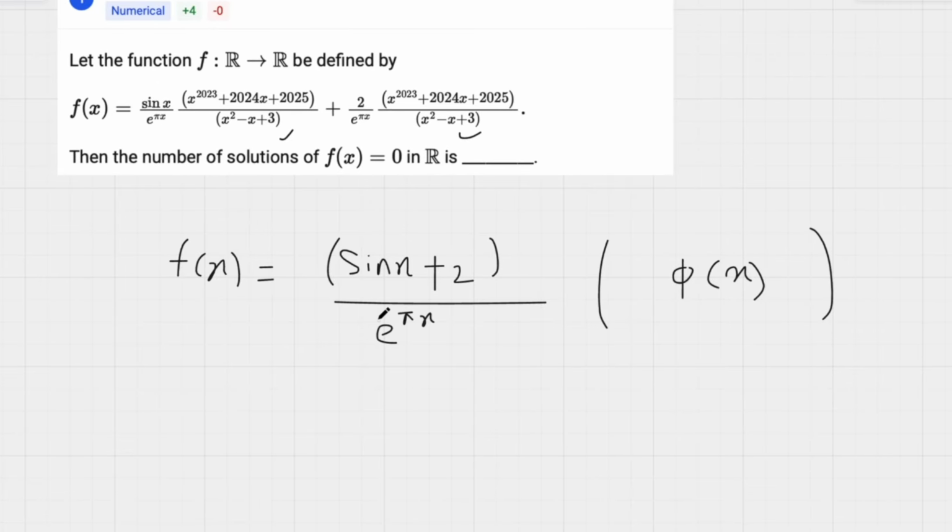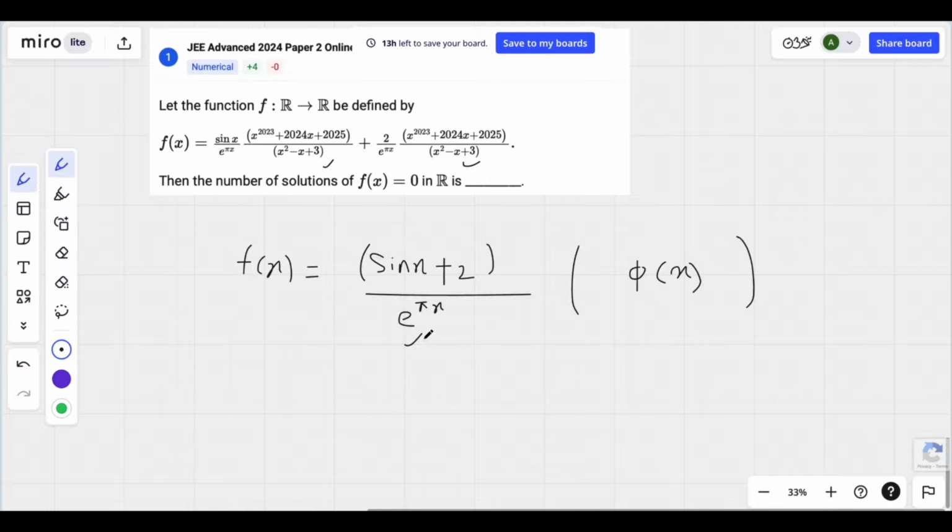Now we will go function by function and see what values we get. Coming to our first function, e to the power pi x, we know that it's an increasing function and it never cuts the x-axis. So the value of e to the power pi x will always be positive.